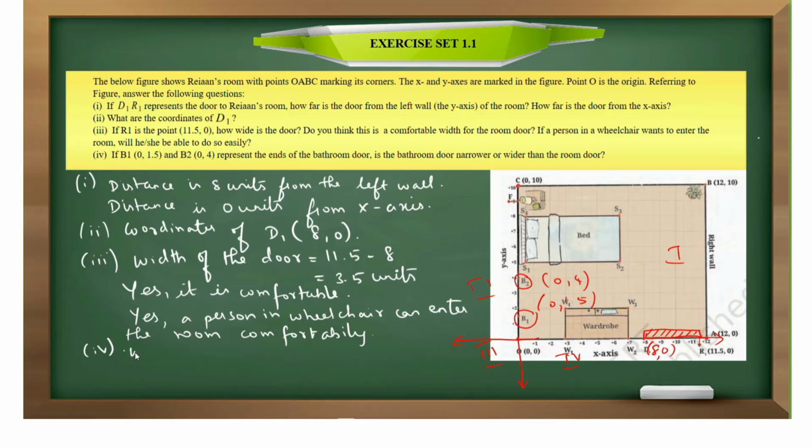So to find the width of the bathroom door, we subtract 4 and 1.5. So 4 minus 1.5 is going to be 2.5 units. By comparing the two, we can see that the width of the bathroom door is 2.5, which is less than the width of the room door, 3.5. So the final conclusion is the bathroom door is narrower.